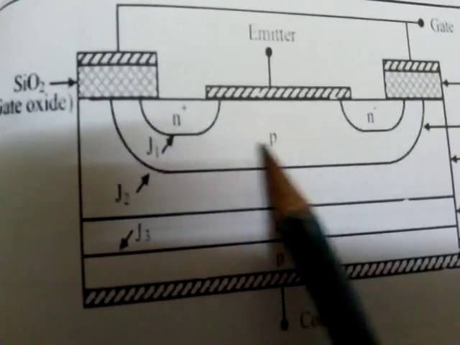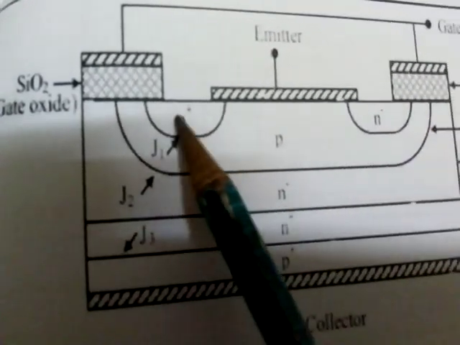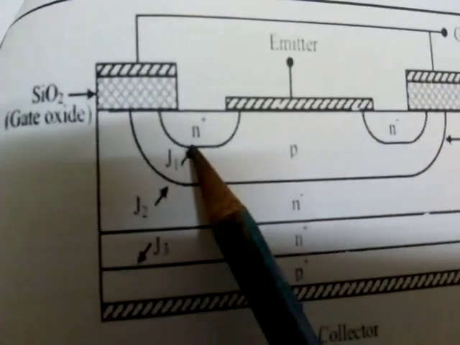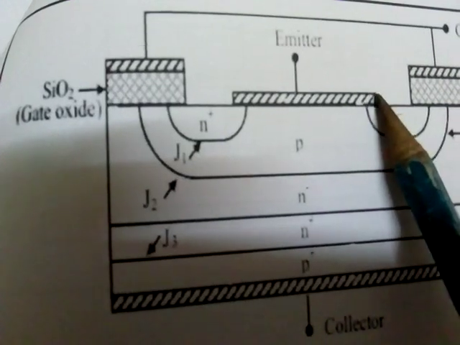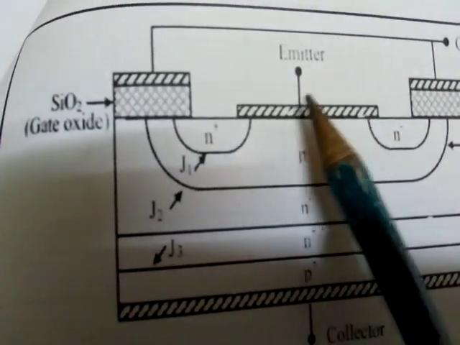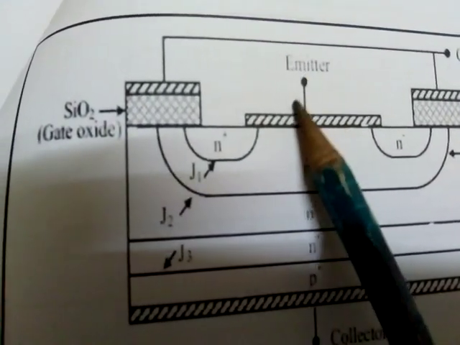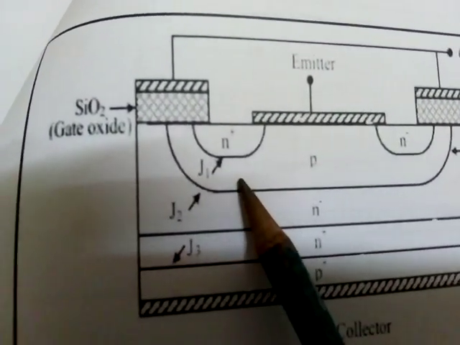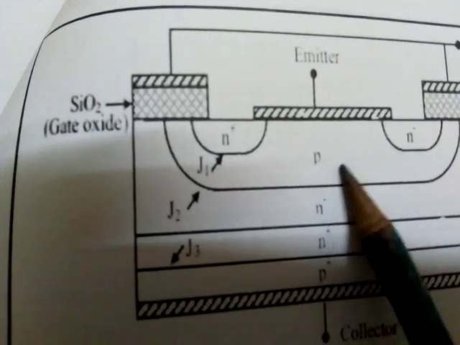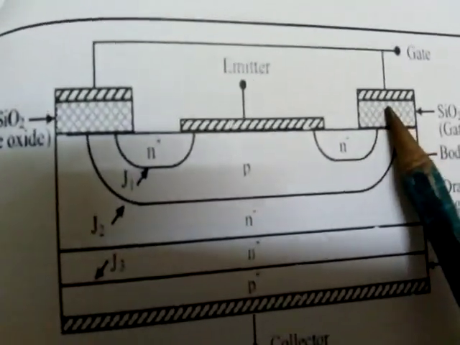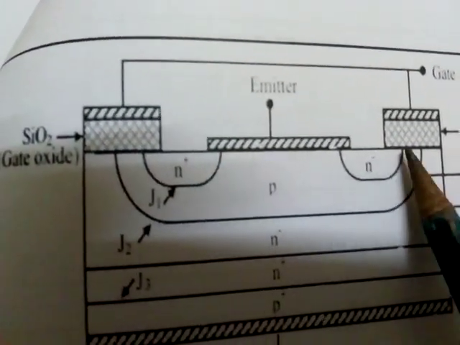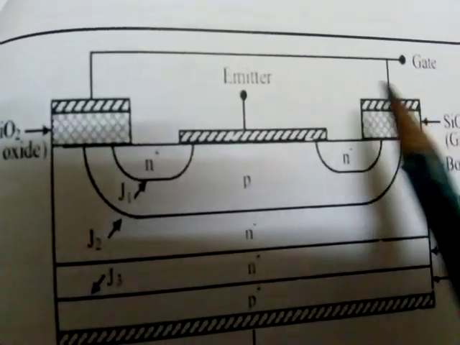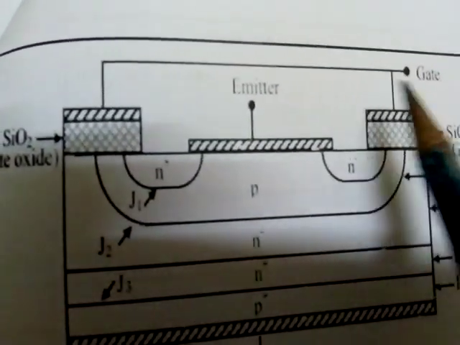On the P-type body, we have N source layers. Source is connected to the emitter. This is the metal. Then on the P body we have metal oxide layers on which gate is connected.